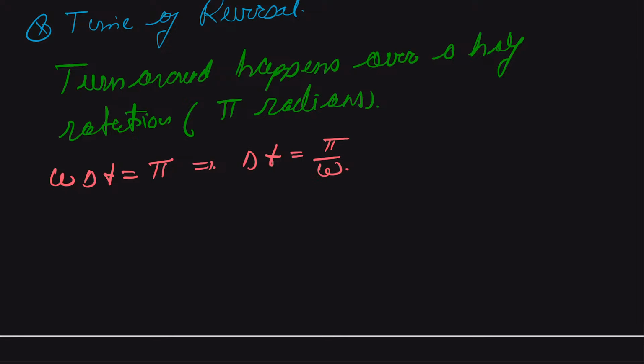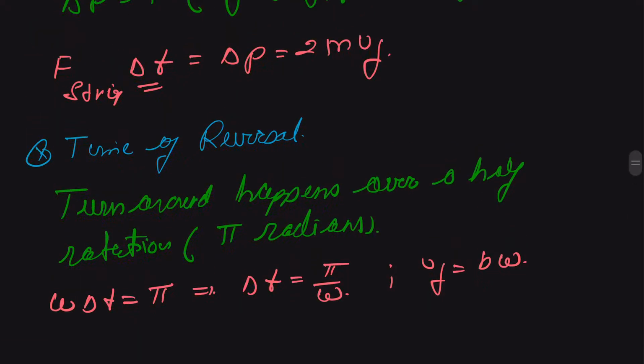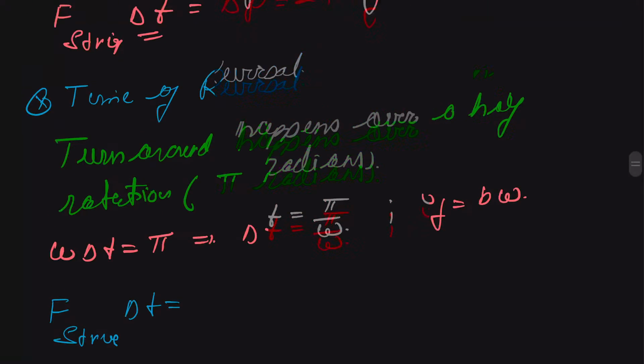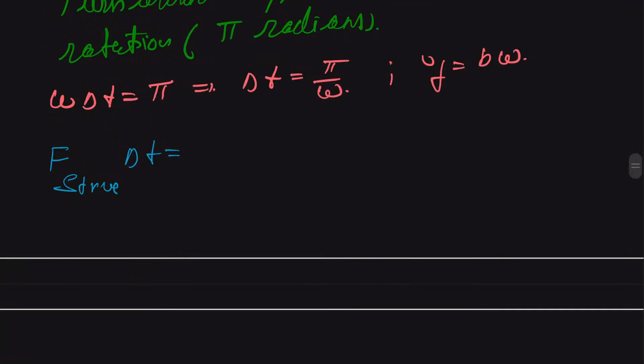And we can use our rolling condition, that is Vf is equal to b times omega. Therefore we can write the equation, that is f string multiplied by delta t is equal to 2m Vf.